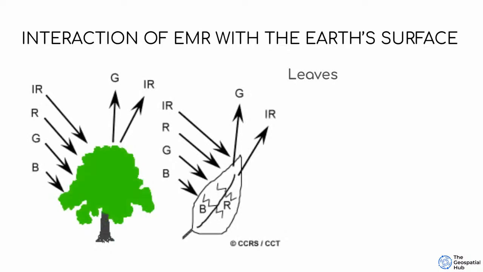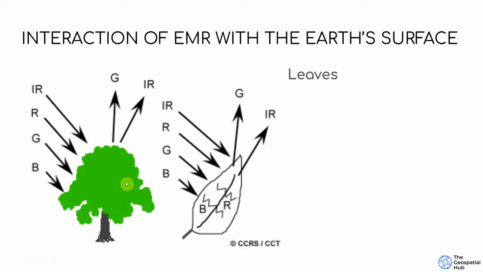All right. So we have a chemical compound in leaves called chlorophyll. And this chlorophyll in leaves strongly absorbs radiation in red and blue wavelengths. So this is the energy coming from the sun. We have the blue, the green, the red, and the infrared.